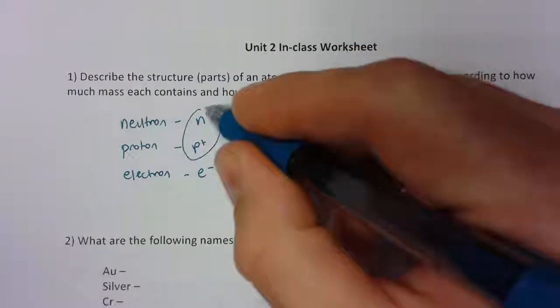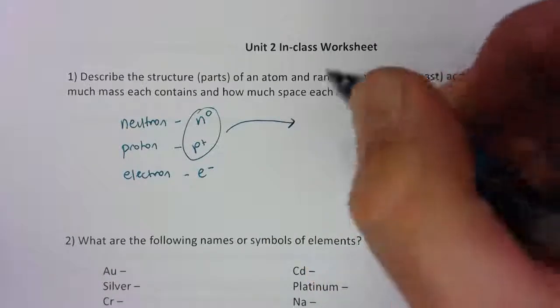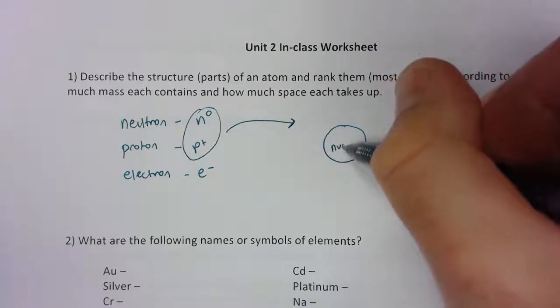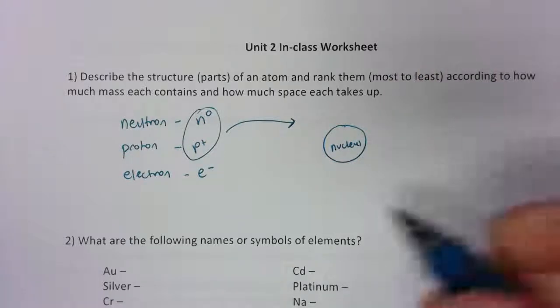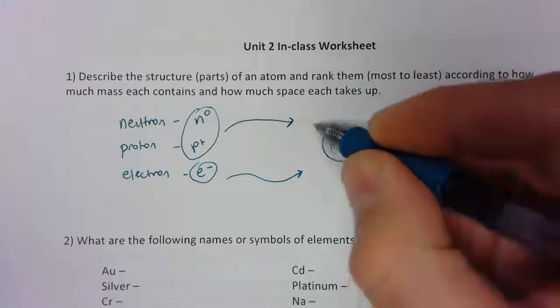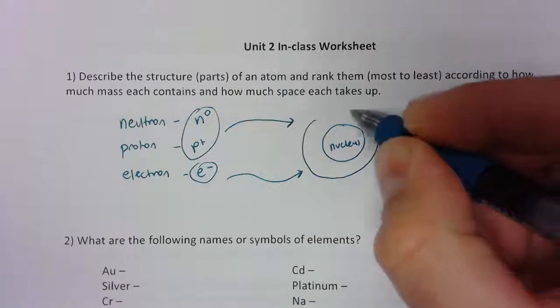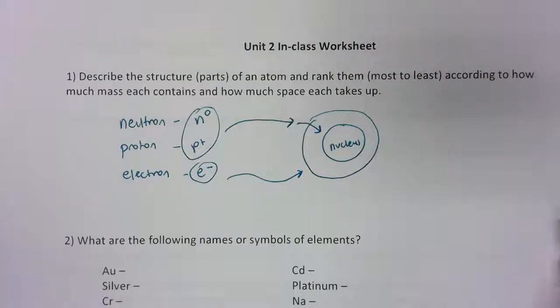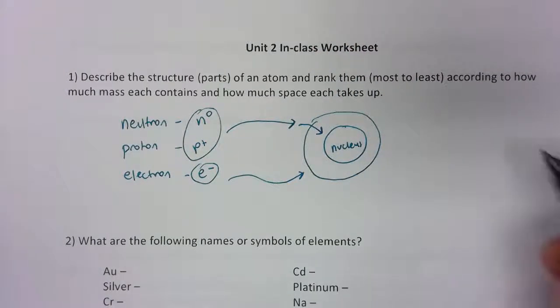These two are going to exist inside of the nucleus. And the electron will exist somewhere on the outside of the nucleus. As far as which one is the most massive, that is the neutron.